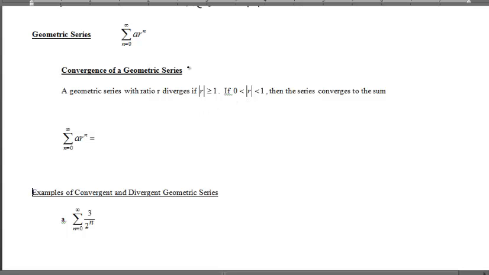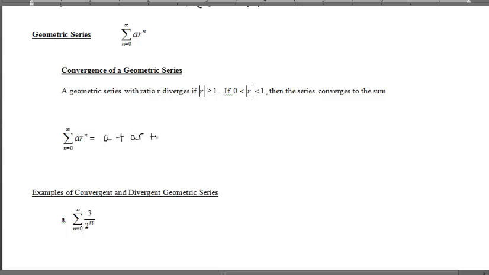Okay, so let's take a look at the expansion here. If n equals 0, my exponent is 0, then r to the 0 is 1, my first term is a. We're dealing with a series, so we're going to add. If n is 1, then the next term would be ar.